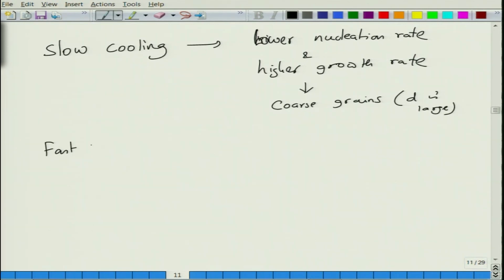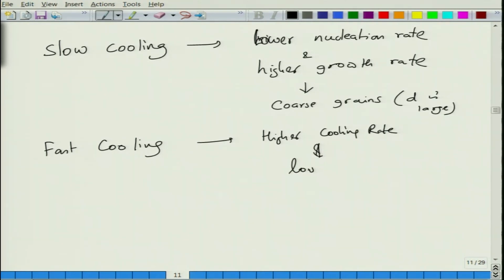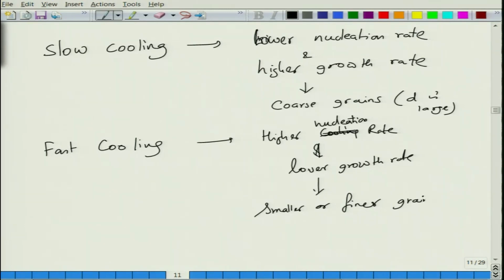Fast cooling leads to higher cooling rate and higher nucleation rate and lower growth rate, and this leads to smaller or finer grains.